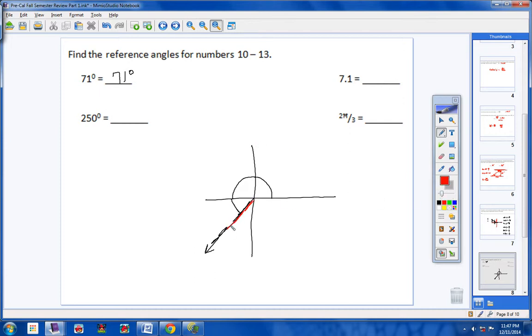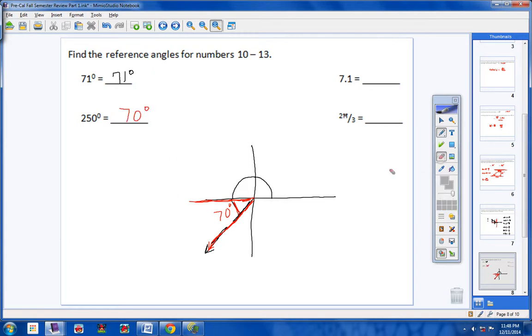Here's the terminal side. And then you want to find the acute angle that is formed between the x-axis and the terminal side. Well, that's going to be this angle right here. So I know I went 180 plus 70 more to give me 250. So this angle here has to be 70.